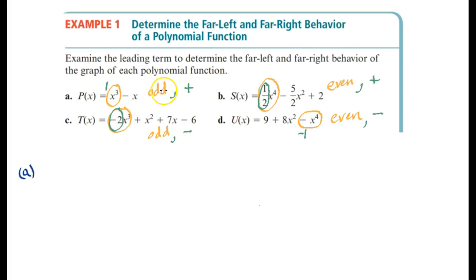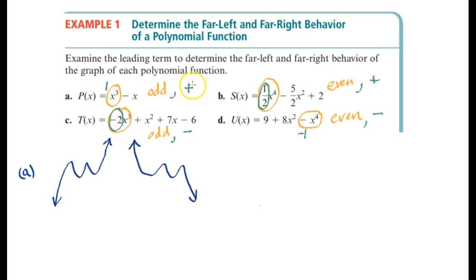So if we have an odd function, you have the opposite going on at each end. The left end will be different than the right end. So it's either looking like this, or it is looking like this. It's one of those two based on n is odd.